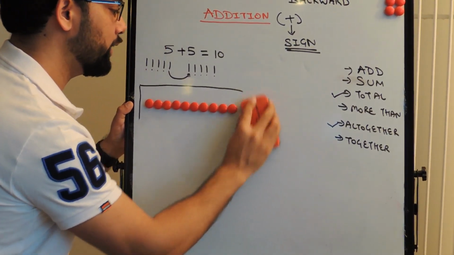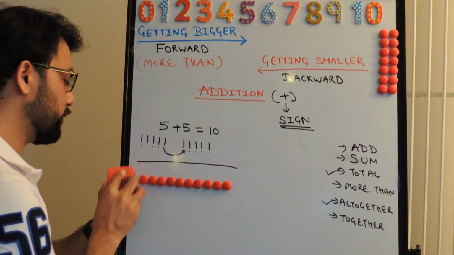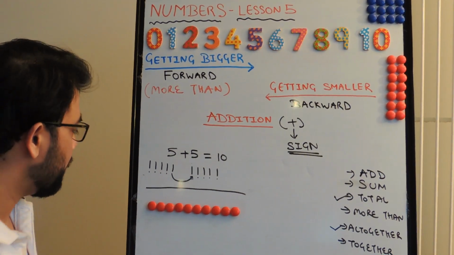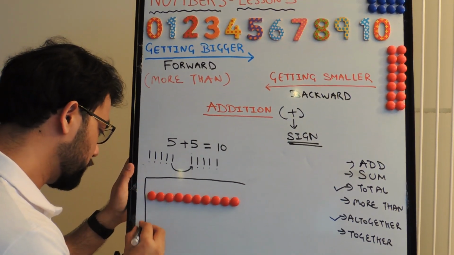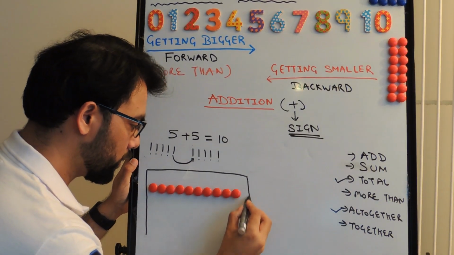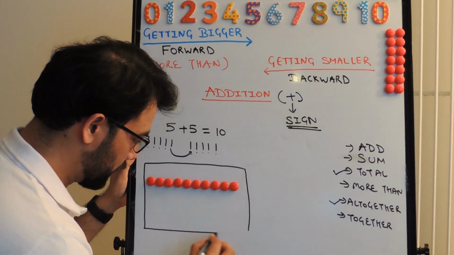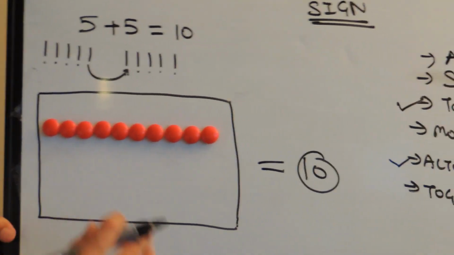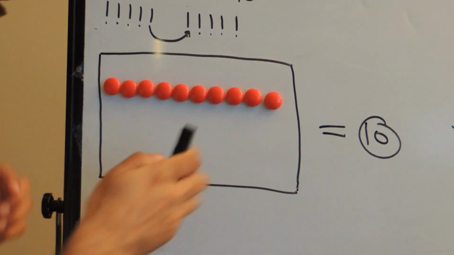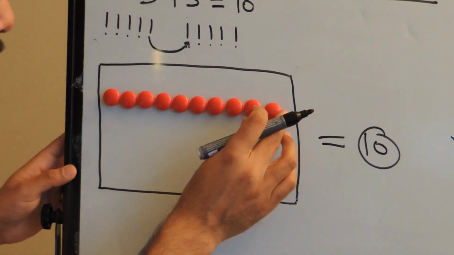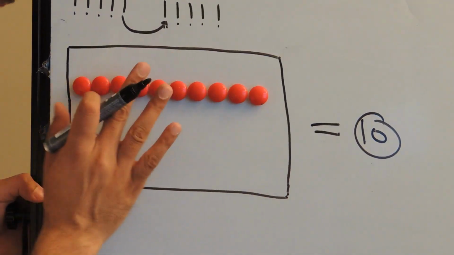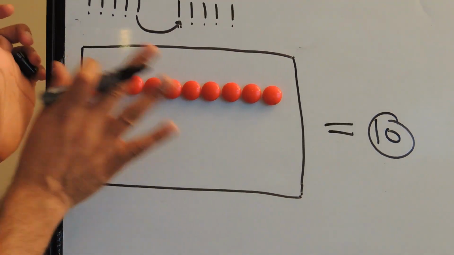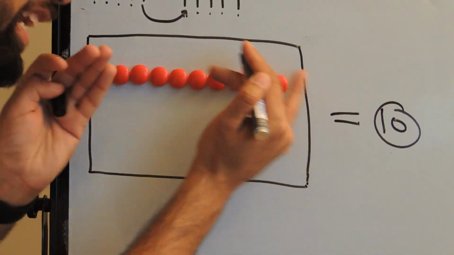So we have a big box, right? I hope everyone is clear. We have these 10 red magnets inside the big box. I'm talking about inside the box. Leave anything outside the box. We are focusing on everything inside the box.